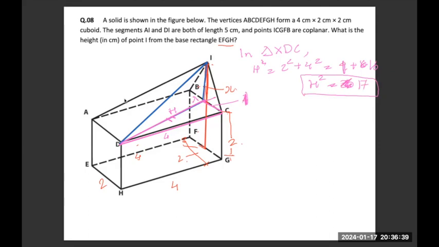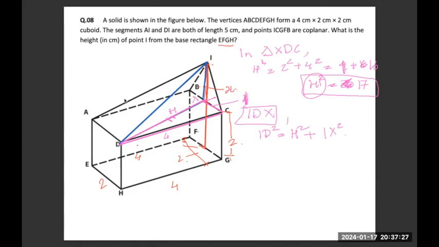Now, I will start looking at the other triangle, I, D, and X. In triangle IDX, ID square is equal to H square plus IX square, which is the small x dimension I'm looking at.